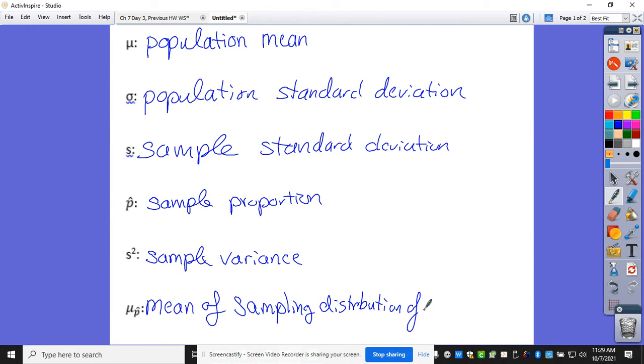And you can either write p hat there or sample proportion. So either one written there.